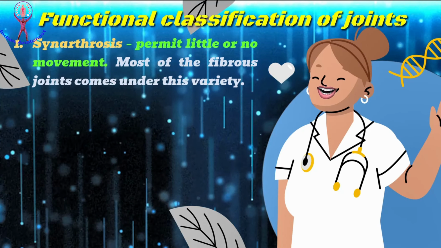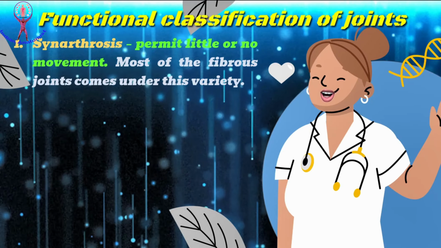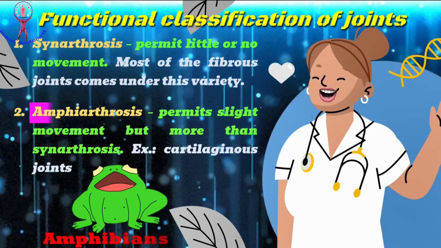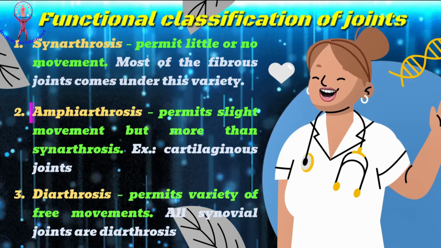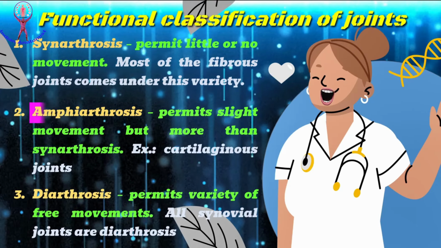Synarthrosis, permit little or no movement. Most of the fibrous joints comes under this variety. 2. Amphiarthrosis, permits slight movement, but more than synarthrosis. Examples are cartilaginous joints. And 3 is diarthrosis, permits variety of free movements. All synovial joints are diarthrosis.